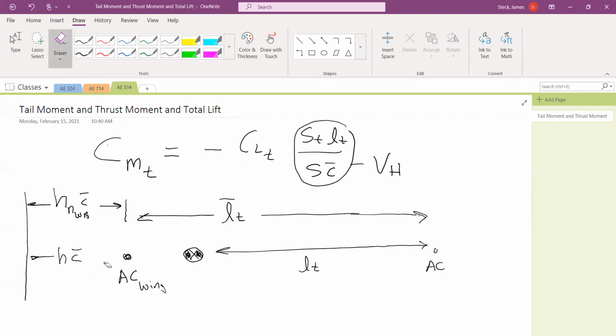Scratch that. The CG is back here. And so the difference between those two dimensions is the difference between LT and LT bar. So that distance right there.